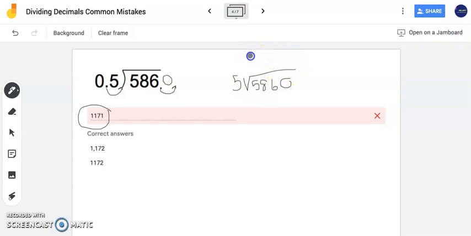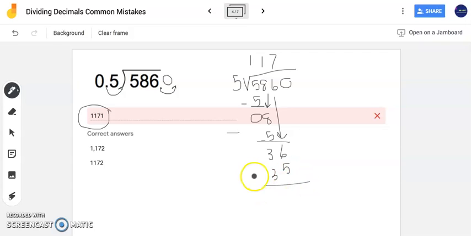And now once I do my long division, again, notice I'm literally doing long division on the side. You need to rewrite these problems so you can solve. 5 times 1 is 5, gets me closer exactly to 8. I'm going to subtract, but notice I still have more digits up here, which is why I'm continuing my long division. 5 times 7 is 35, with a remainder of 1.